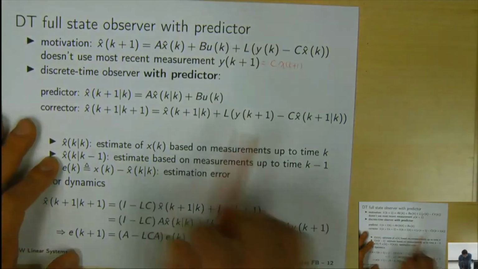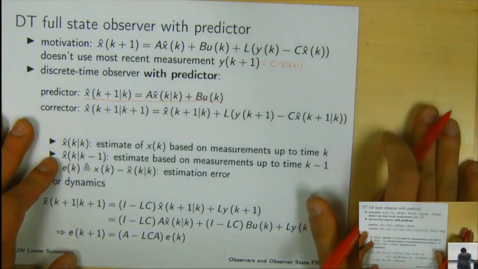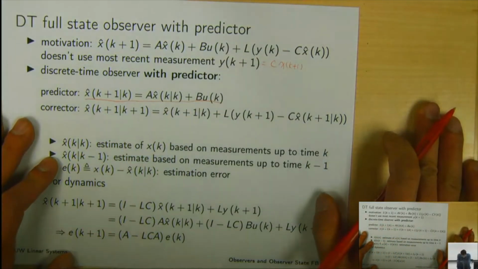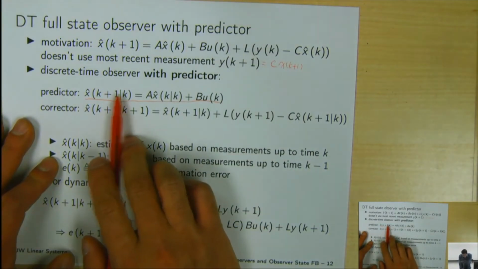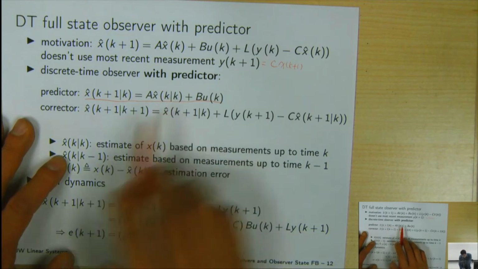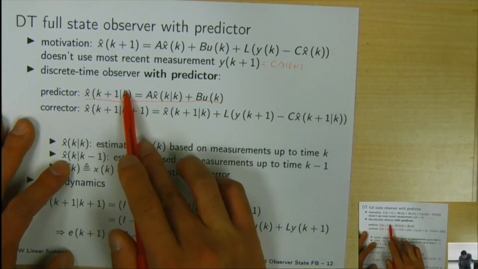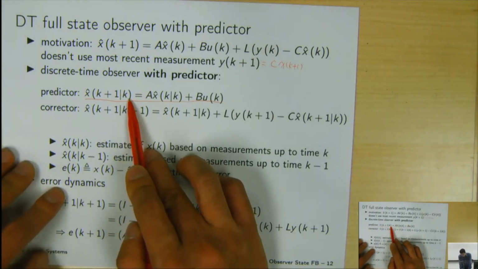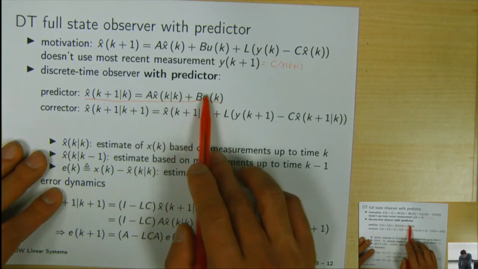It goes like this. First we do a prediction. We use a copy of the open loop system dynamics to create an estimate, using everything up to time k. So this is the estimate of x hat using all information possible up to time k. It uses A, the previous estimate, plus B u k.